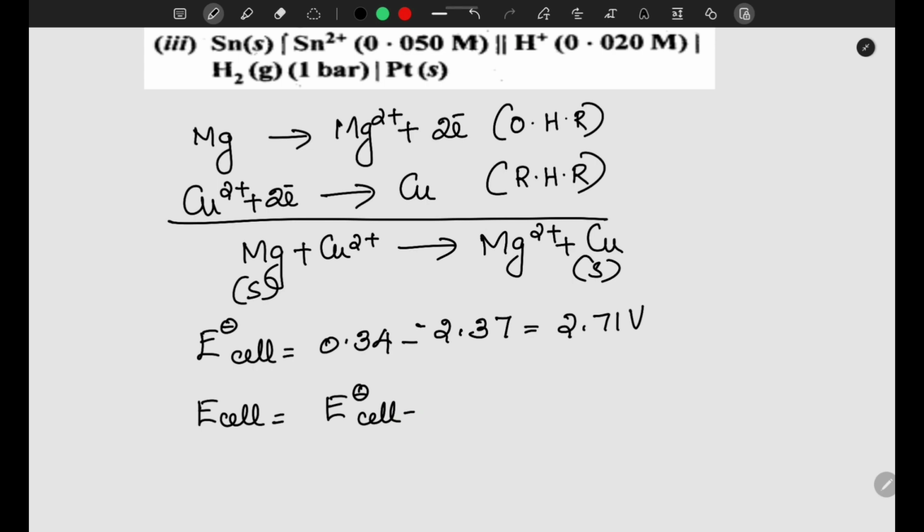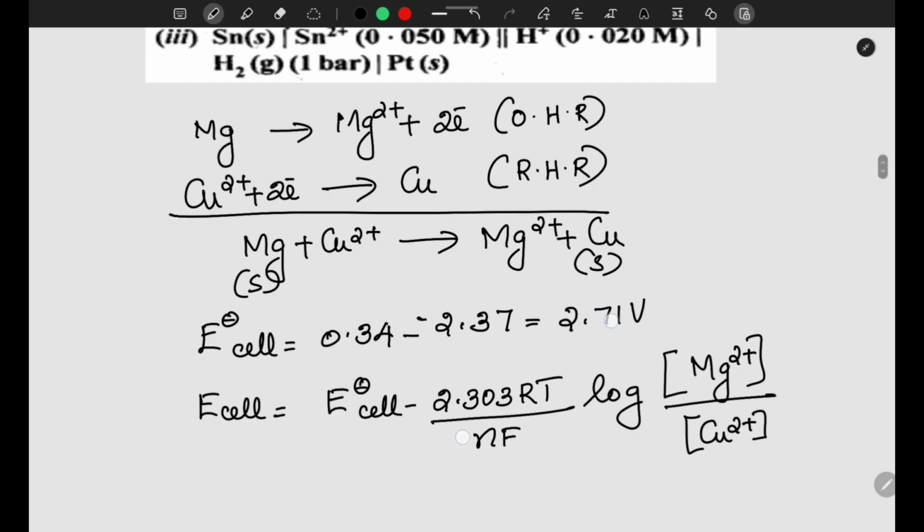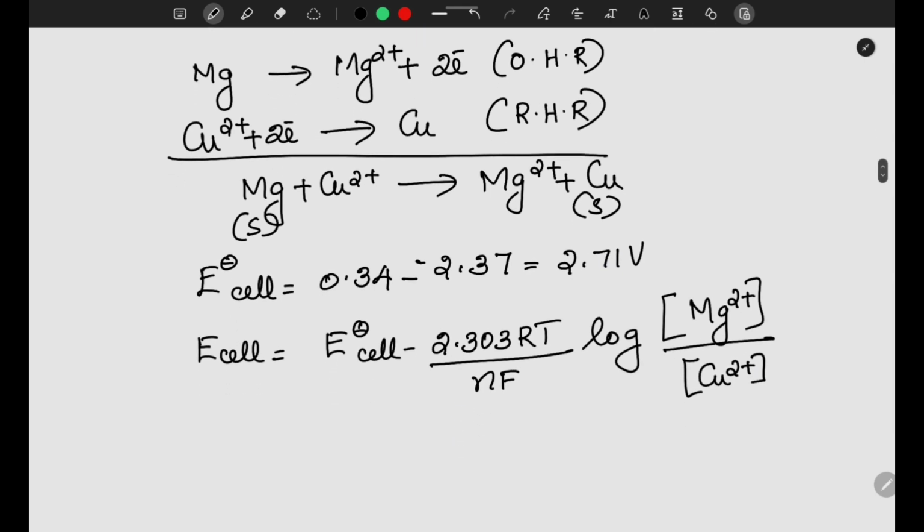Now let us write the Nernst equation, that is E cell is equal to E naught cell minus 2.303 RT by nF, that is the general equation, 2.303 RT by nF log concentration of product. Only we will consider the ions. So Mg2+ divided by concentration of Cu2+, because concentration of copper solid and magnesium solid we can take as unity.